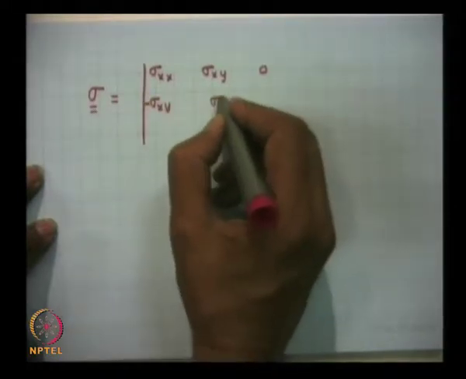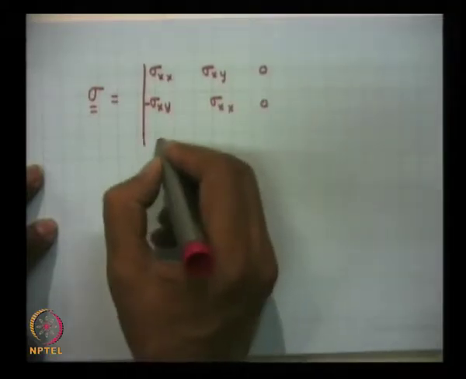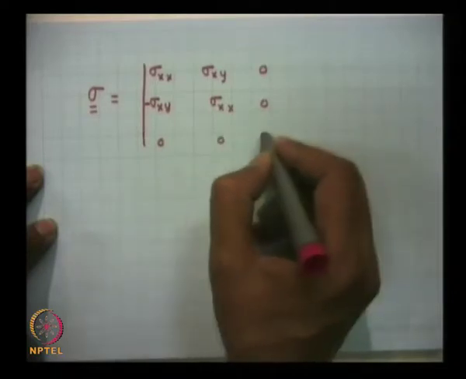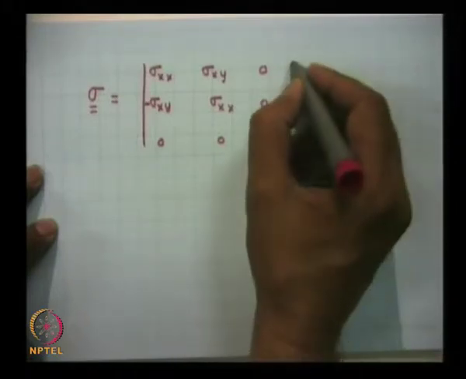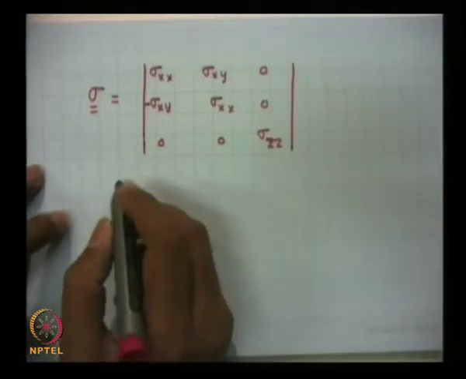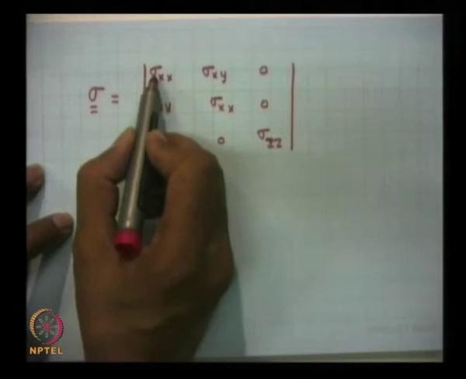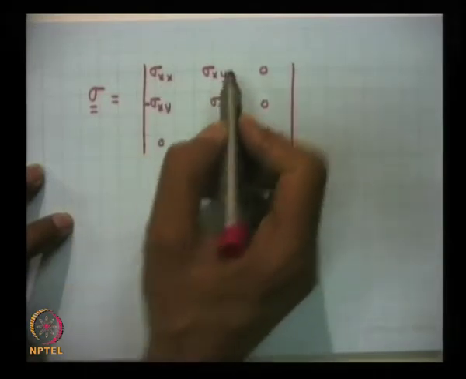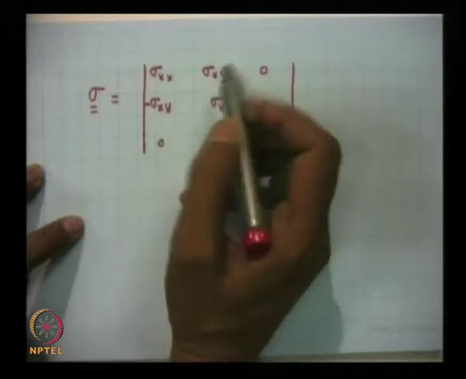This was equal to sigma xx, this was 0, this was 0, this was 0, and this was sigma zz. So the conductivity tensor is like this: these two terms are 0, these two terms are 0, these two diagonal terms are equal, and these two are equal in magnitude but opposite in sign.